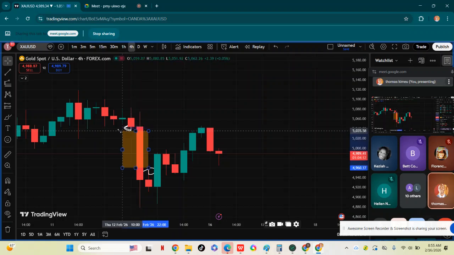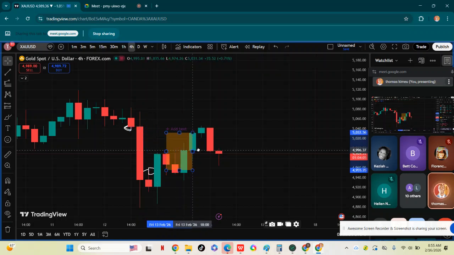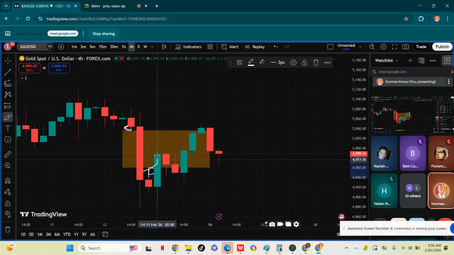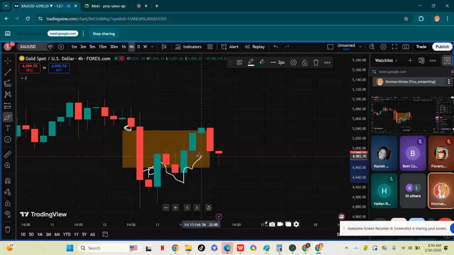These two candles created a gap in between. So when you draw the fair value gap like that, you see there was a rejection. This market came to this fair value gap, then it got rejected all the way to that level. Then this candle decided to break that and do what? Close that imbalance.